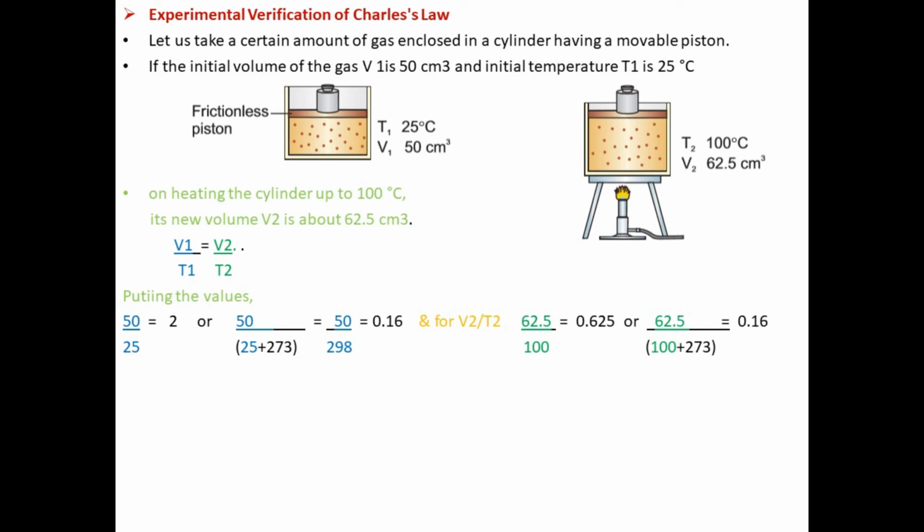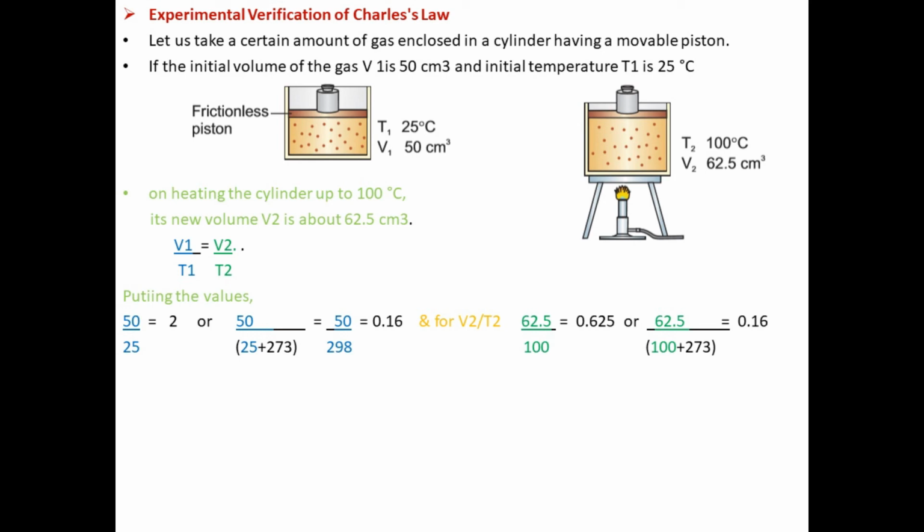By dividing 50 by 25, we get the answer 2. On the right side of the equation, V2 was 62.5 centimeter cube and T2 was 100 degrees centigrade. By dividing 62.5 by 100, we get the answer 0.625. These two answers are not the same.